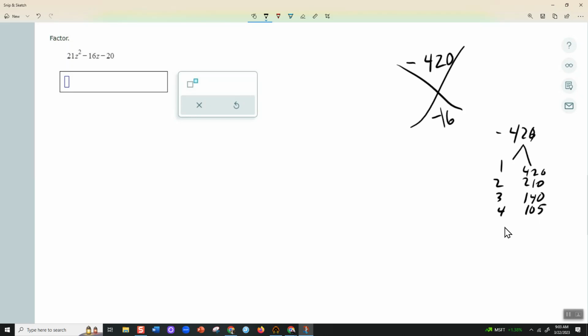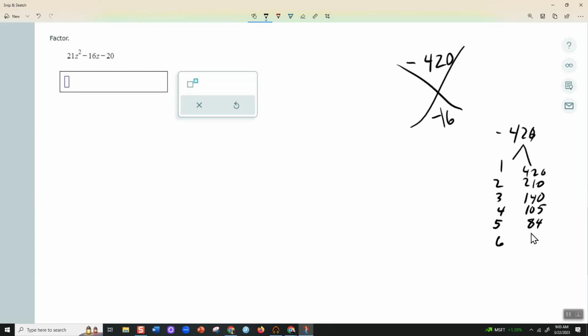But those aren't getting me anywhere near to negative 16. We need them to be closer to 21 and 20. 5 definitely goes in there, 5 times 84. Now we're getting closer to numbers that might possibly add up to negative 16.